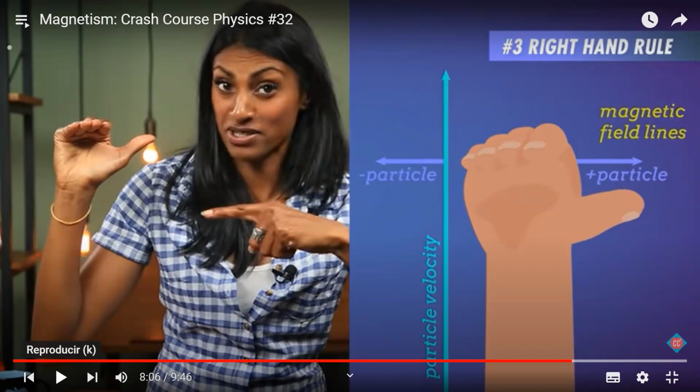But if it's negative, you basically need to break your thumb and point it to the other side because it's opposing. Instead of using the other hand for negative, it doesn't work. It still has to be the right hand rule. So if the charge is positive, the thumb is pointing towards the force. If the charge is negative, it means the force is going to the other side, but you can't just break your thumb.